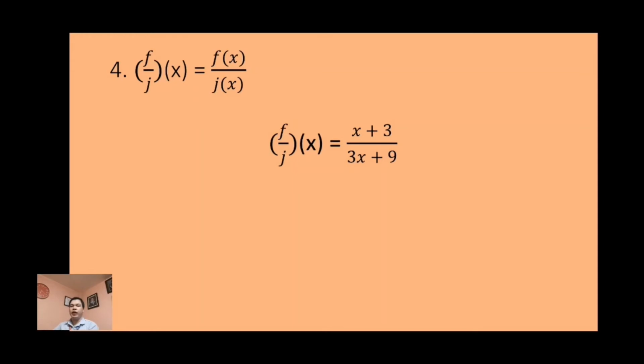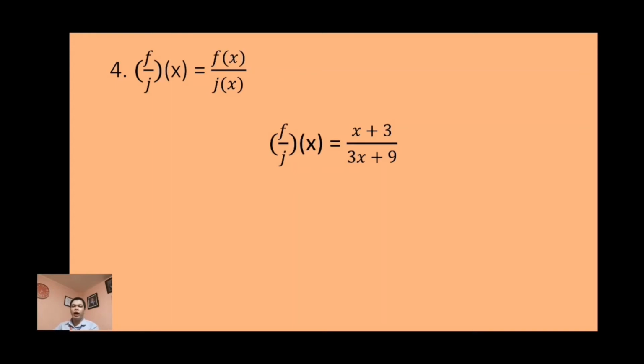Step 2, divide. Since the numerator x plus 3 is not divisible by 3x plus 9, and 3x plus 9 is factorable, we can factor this out by finding the greatest common factor, or the GCF. So what is the GCF of 3x plus 9? 3.